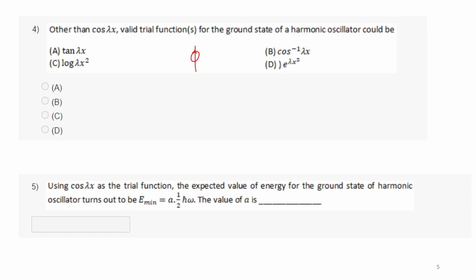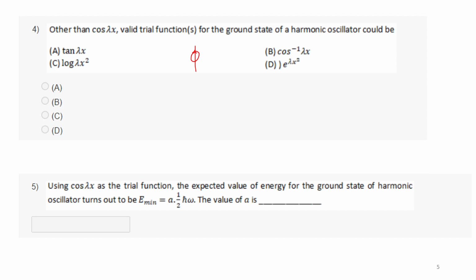Cos lambda x is a trigonometric function, right? Here the question is asking what other trial wave function we can take to start with. The wave function may change at the end, when we vary the variational parameter. In all the cases, lambda is the variational parameter only. There are no other variational parameters.